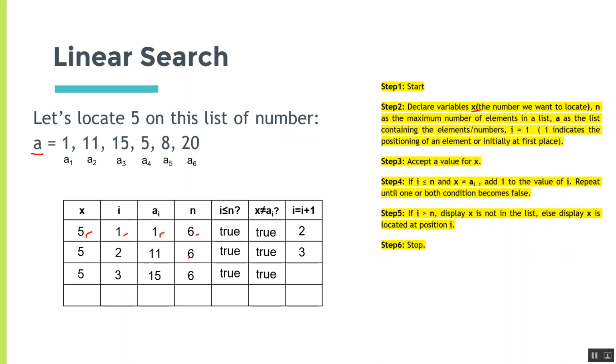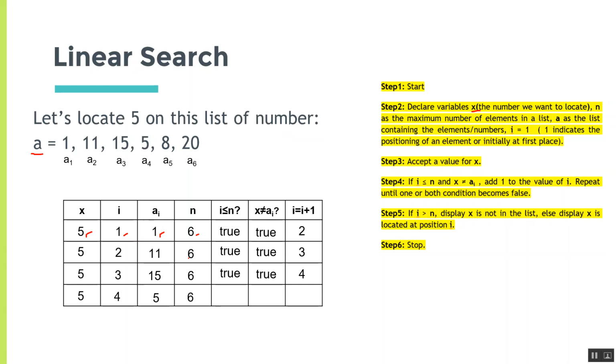After that, i plus 1, so that's 4. Now going back to our x, we still look for 5. So i is equal to 4, and then a sub i is equal to 5. Okay, and then n is still 6.